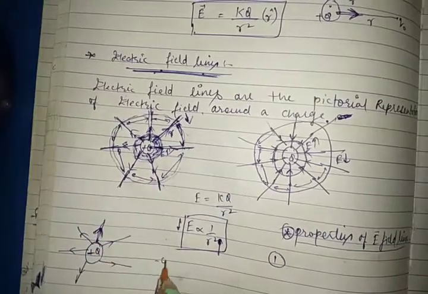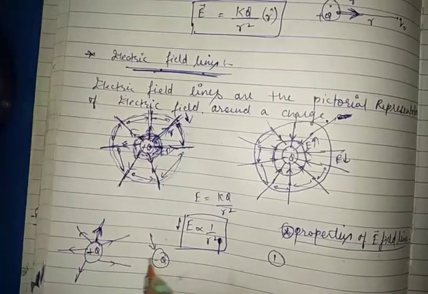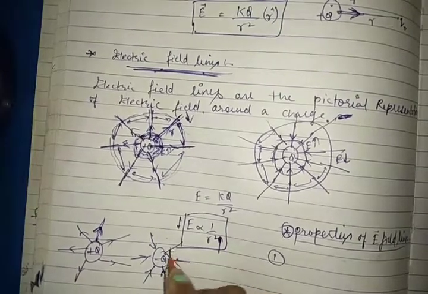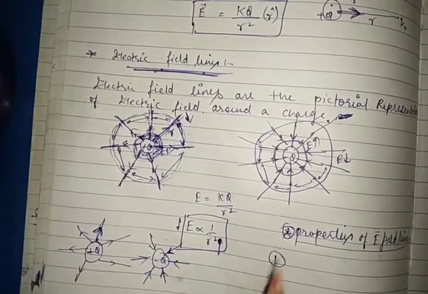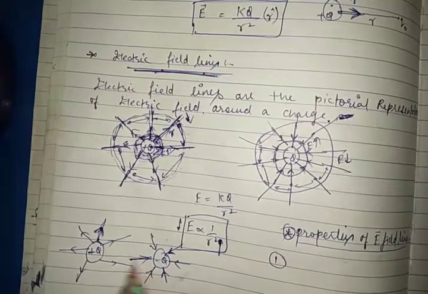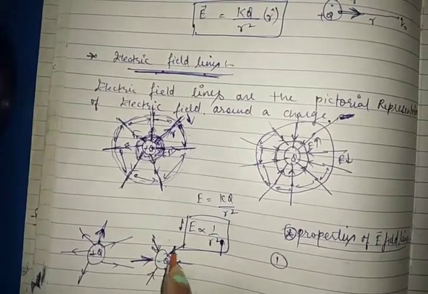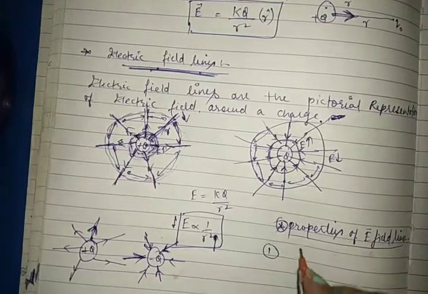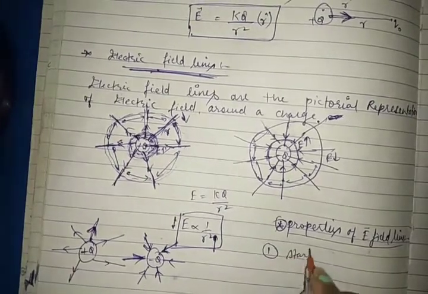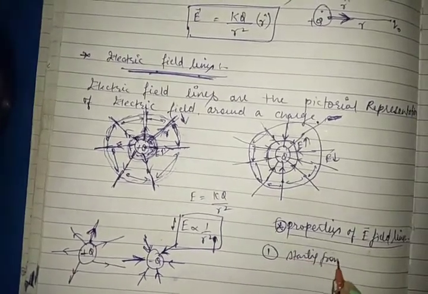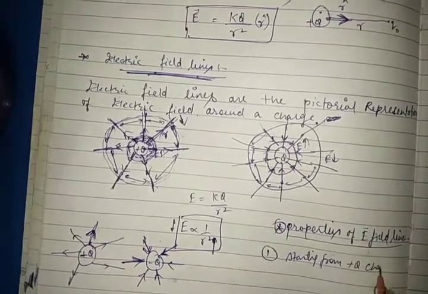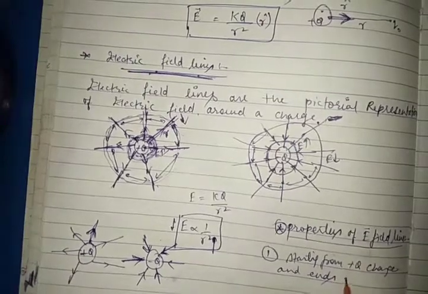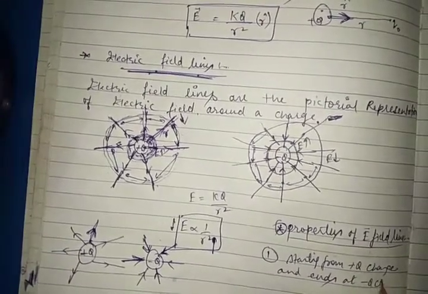The negative charge always shows electric field lines radially inward. It is converging in nature, meaning electric field lines end here. So the first property is that electric field lines start from the positive charge and terminate at the negative charge.